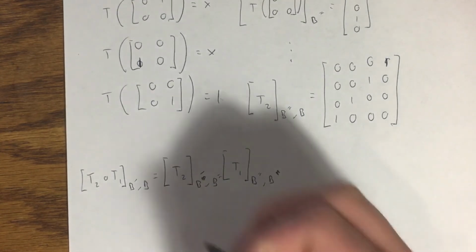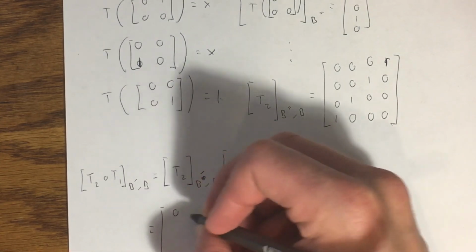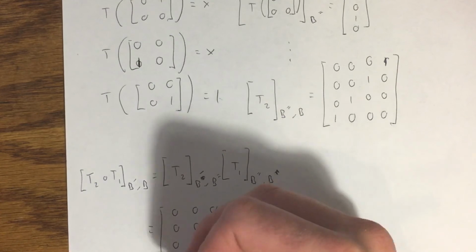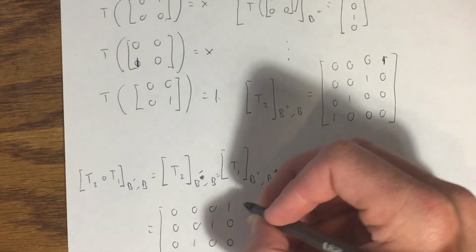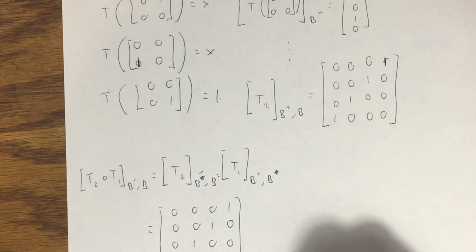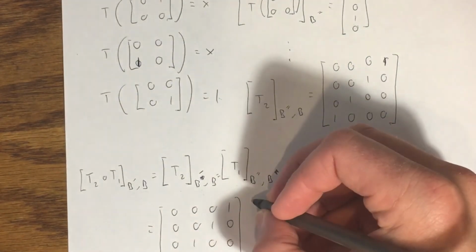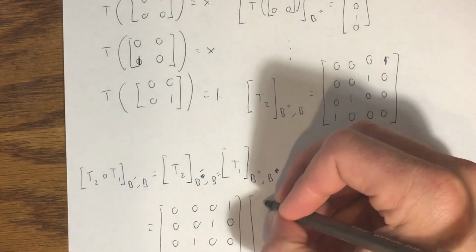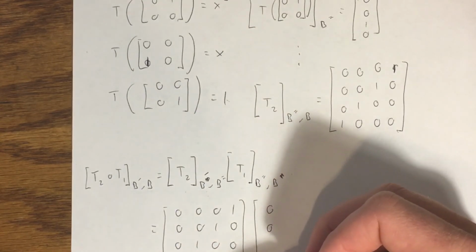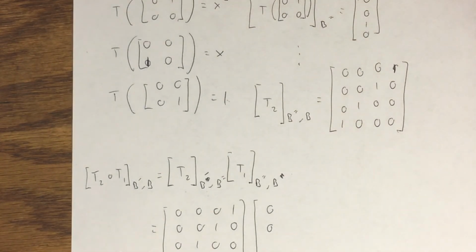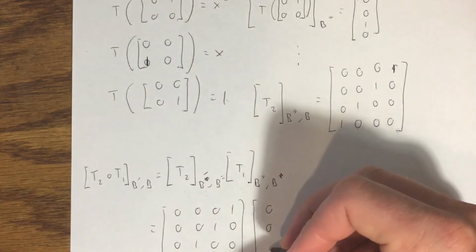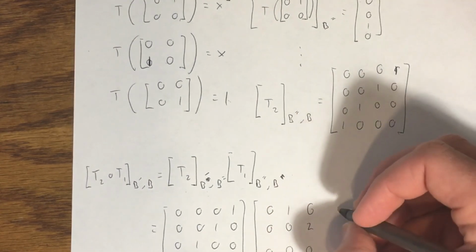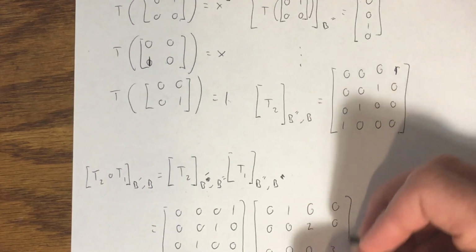Okay, well, we just found this matrix. This was equal to 0, 0, 0, 1, 0, 0, 1, 0, 0, 1, 0, 0, 1, 0, 0, 0, like that. And then this is the matrix that we found previously, which was 0, 0, 0, 1, 0, 0, 0, 2, 0, 0, 0, 3. Let me make sure I have this one right. Yeah, 3 zeros.